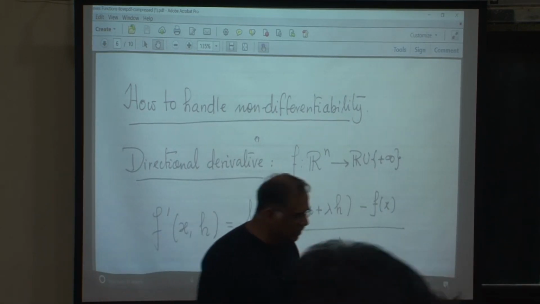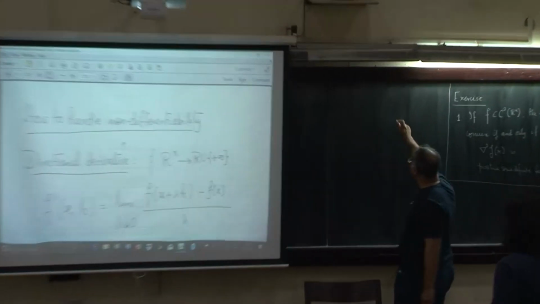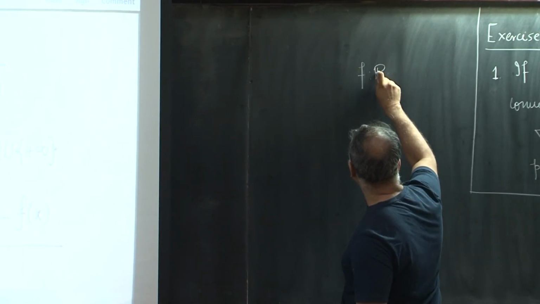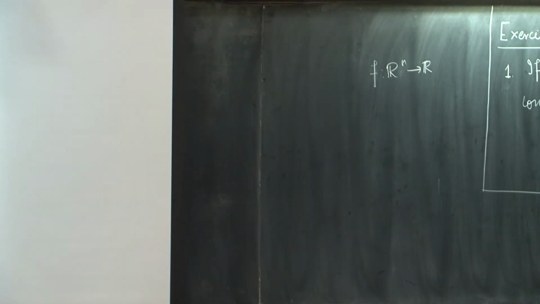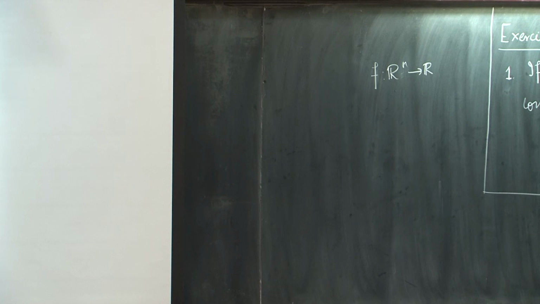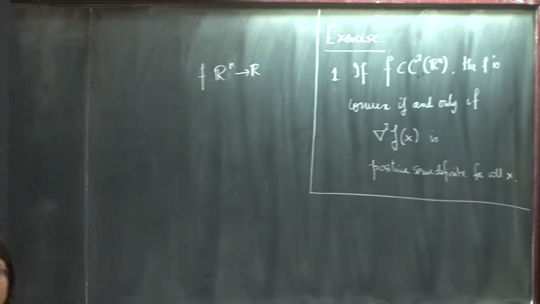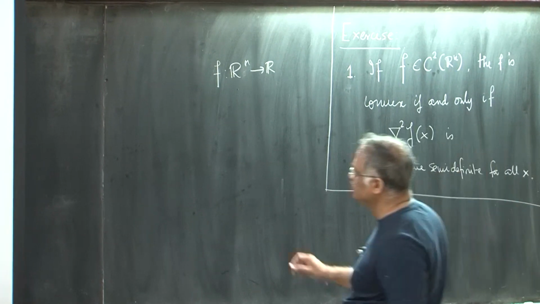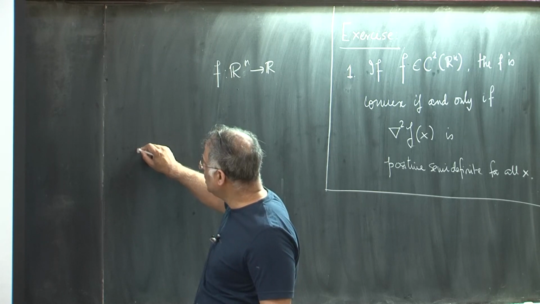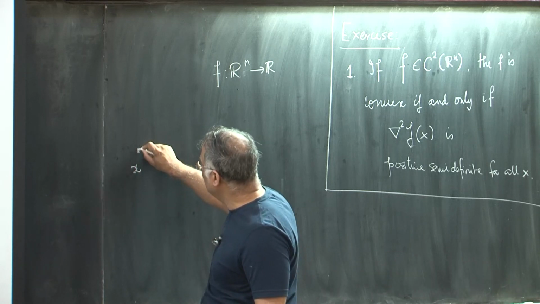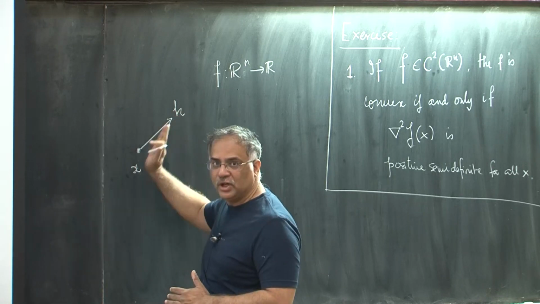Directional derivative is something that you learn in vector calculus, that if you have a function f from Rn to R, the directional derivative means, given a point x, I can move along a given direction, say h, and I record the change of the function along this direction.